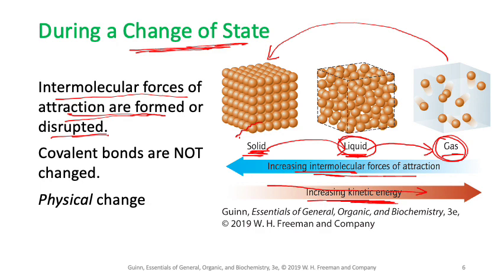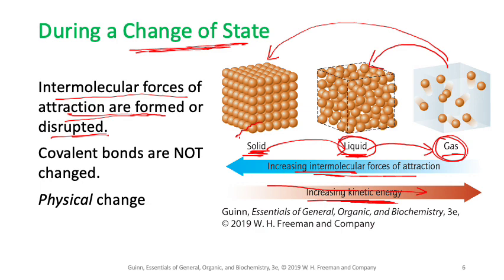If I want to convert a gas into a liquid, what's the process? Condensation, right? Then what do we need to do? We have to increase the intermolecular forces of attraction in the gas particles, so that they can convert into a liquid.